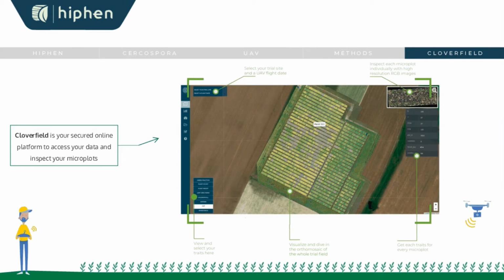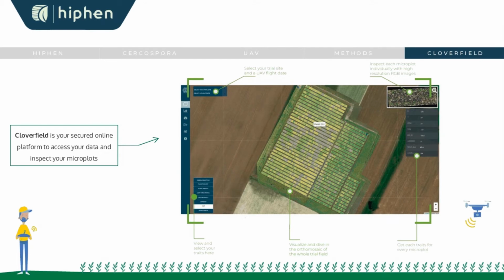Here you can inspect each microplot, see each indicator trait for each microplot, and even see the raw image behind it. So you can actually see each microplot's images one by one to do even more validation.